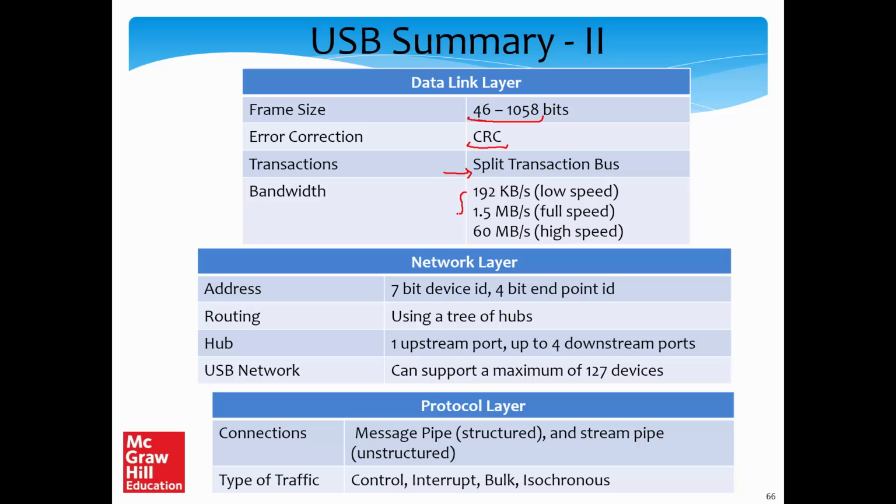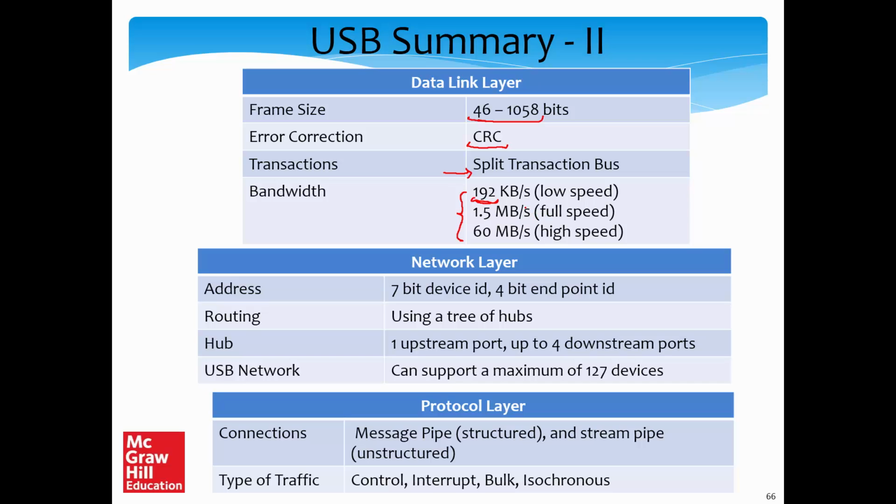There are three kinds of USB formats that have been defined, and they use different frequencies. There is a low speed USB which is only at 192 kilobytes per second. This technology is fairly old, but it can be used for mice and keyboards because they don't generate a lot of data anyway. 1.5 megabytes per second is for web cameras and other devices generating some amount of video.